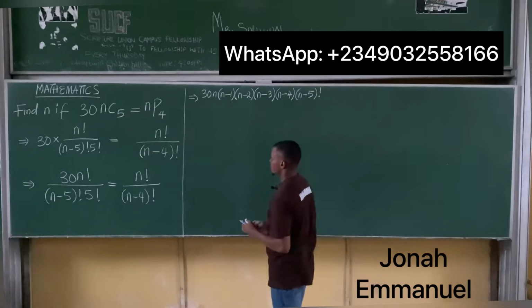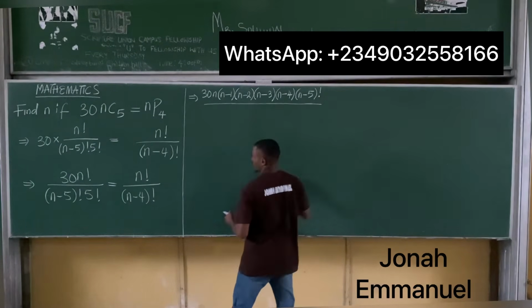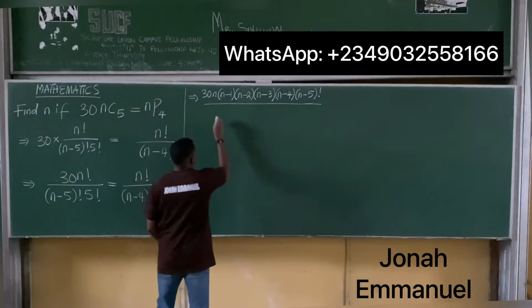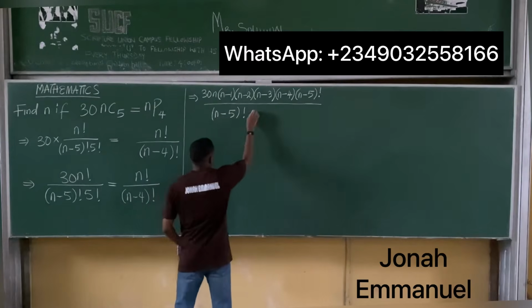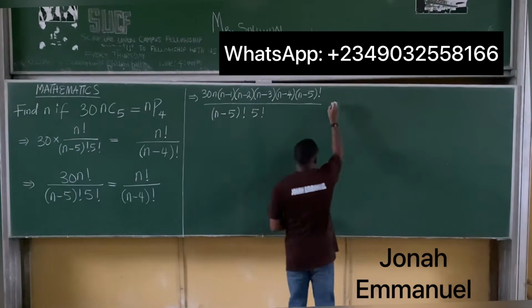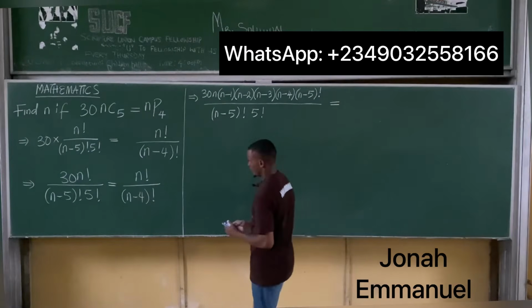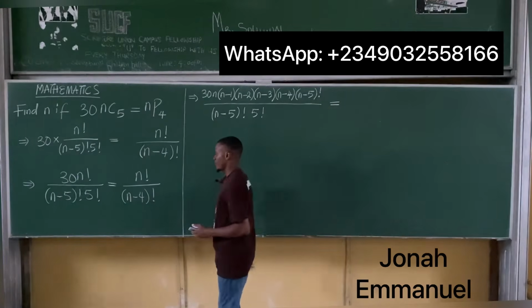So I have this, all over n minus 5 factorial, then 5 factorial is equal to, for this one here, I'll keep reducing until I have n minus 4 factorial.